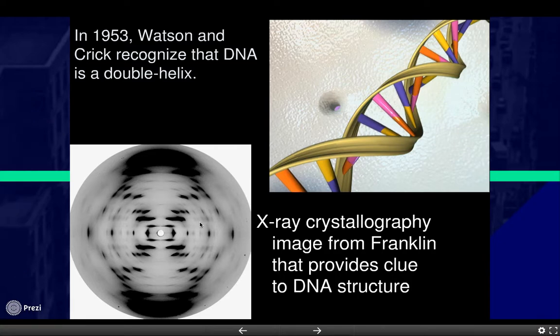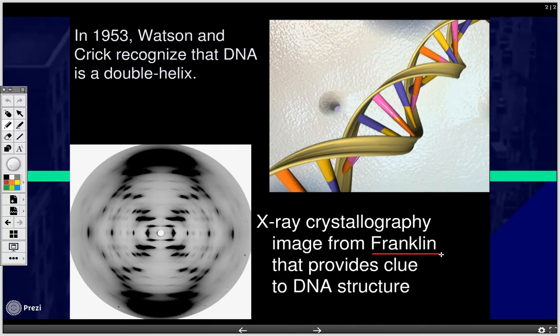Rosalind Franklin was a graduate student who was looking for a job, got a job at a college, and ended up looking into X-ray crystallography of different DNA. As she was looking into these X-rays, what she was trying to do was capture images of X-ray DNA molecules so that she could find DNA's structure.